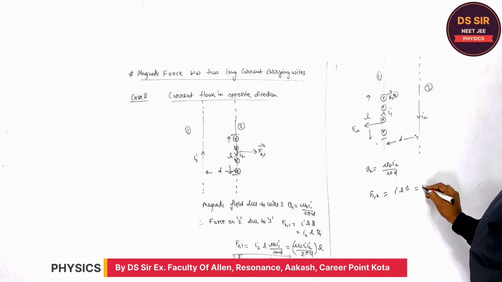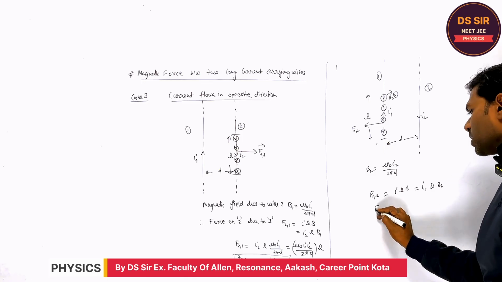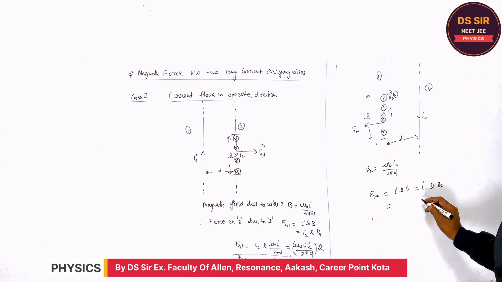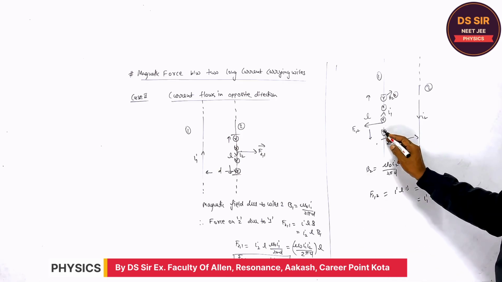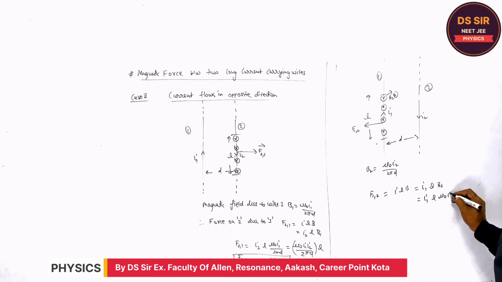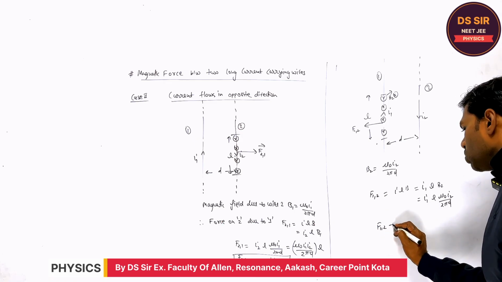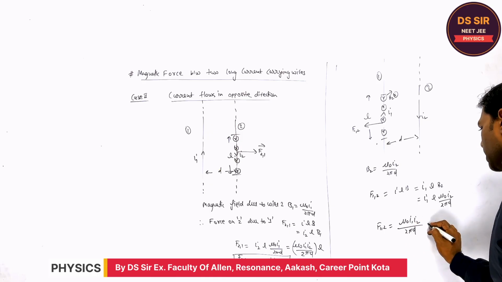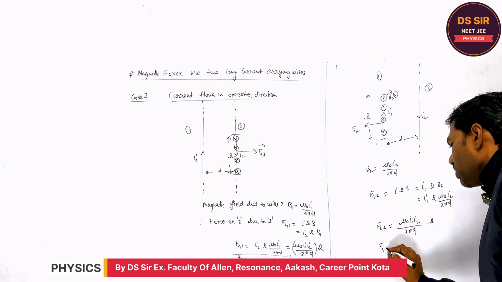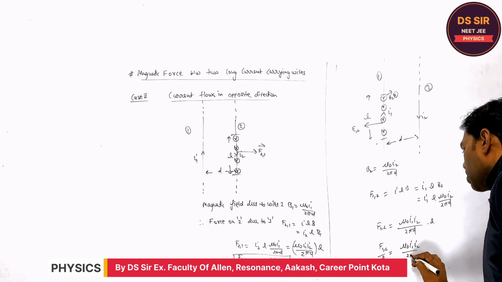Current is I1, length is L, the magnetic field is B2. It is equal to I1 L times B2, and B2 is mu naught I2 upon 2 pi d. So F1,2 may be written as mu naught I1 I2 upon 2 pi d into L. So force F1,2 upon L is mu naught I1 I2 upon 2 pi d.